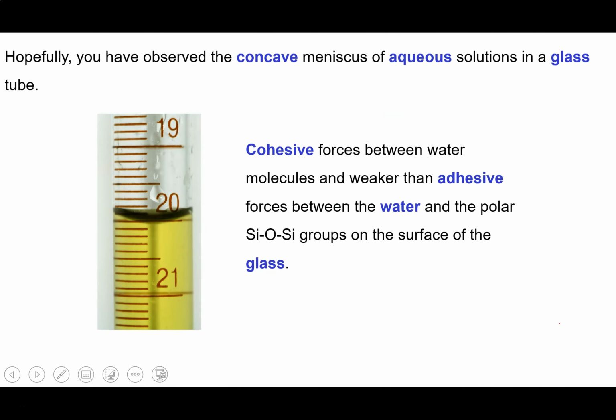Something else that results from the intermolecular forces present in liquids is the formation of what we call a meniscus. Now, you've probably seen already that when we have an aqueous solution in a glass container, it has a concave meniscus where it kind of curves down, and at the edges of the tube, the liquid rises up a little bit.